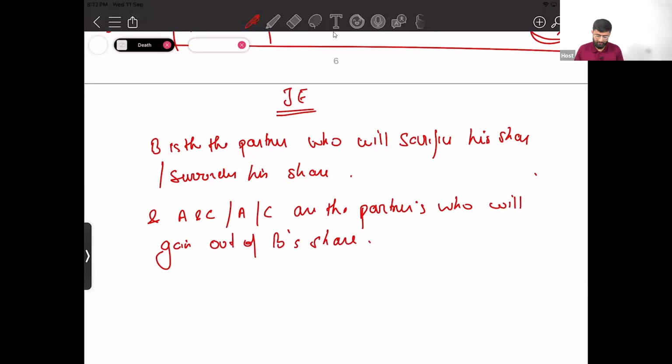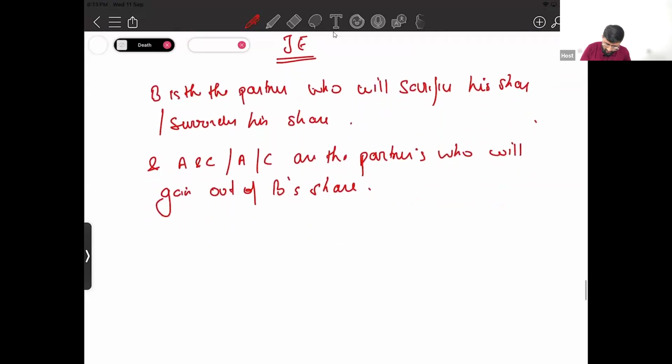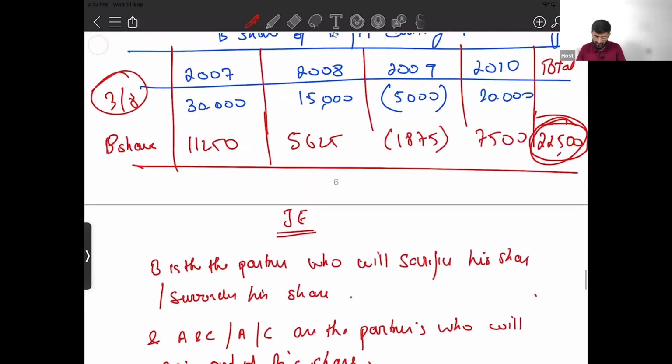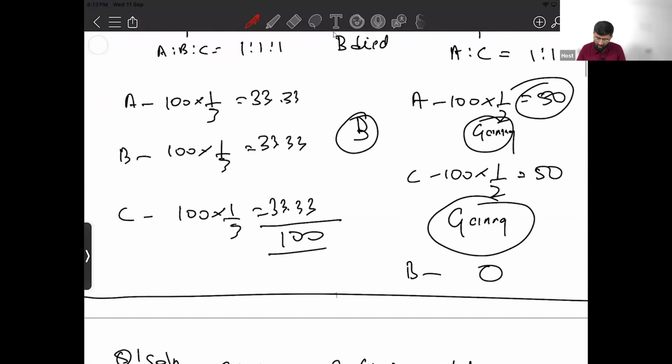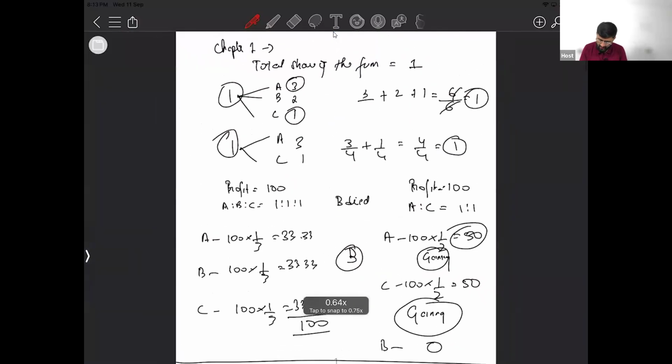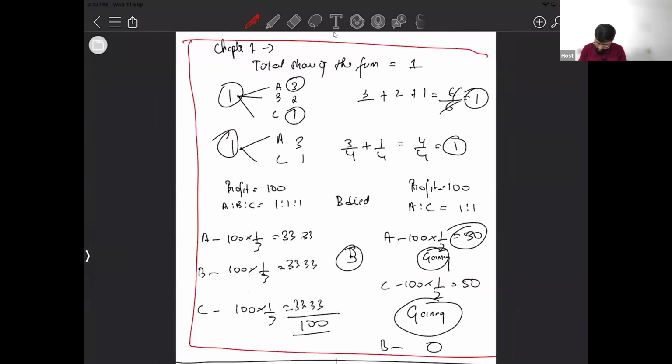A may gain, C may gain, or both. The textbook clearly says they can either individually or jointly gain out of the retiring partner's share. In the first 5-10 minutes I discussed this point more, how it is proved that partners are gaining the share.